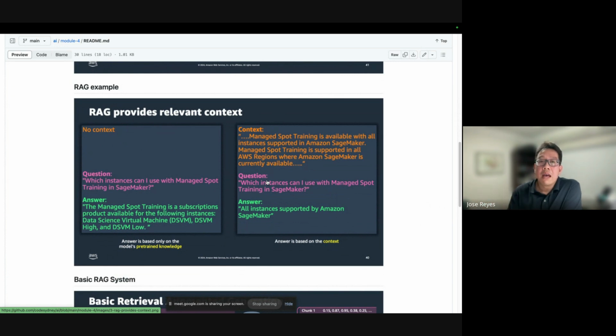The model knows it can only get the answers from the context you're supplying, and based on that, you get the answer in green. So instead of your language model telling you outdated information, it tells you the right information based on what it extracted from the context.